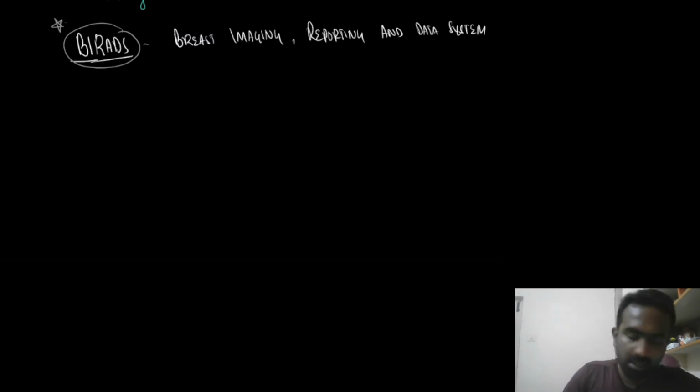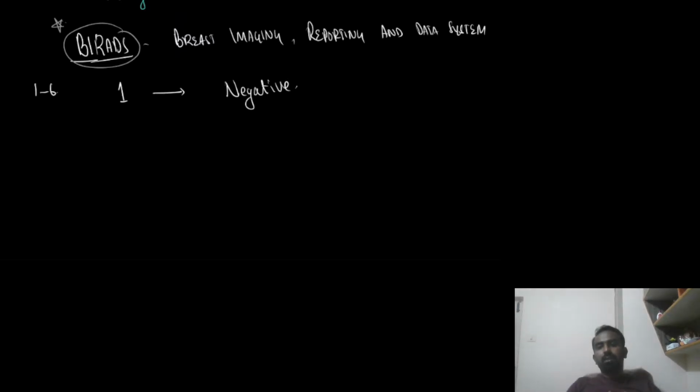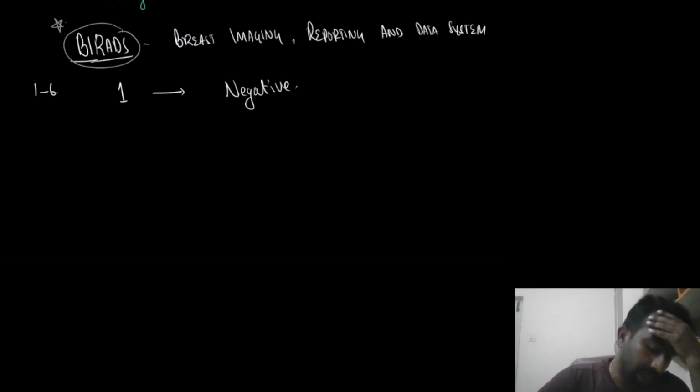BIRADS scoring has 1 to 6 grades. If it is scored as 1, it is called negative. This BIRADS scoring can be based on mammography or ultrasonography. It also suggests what to be done.